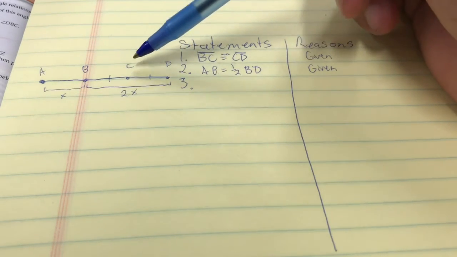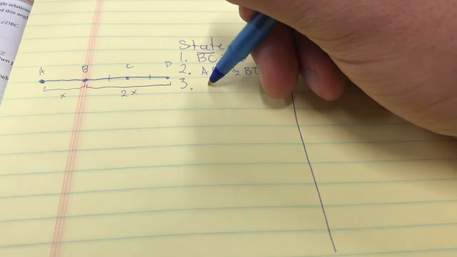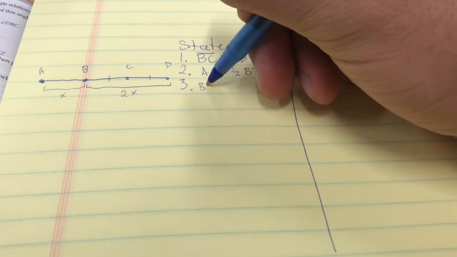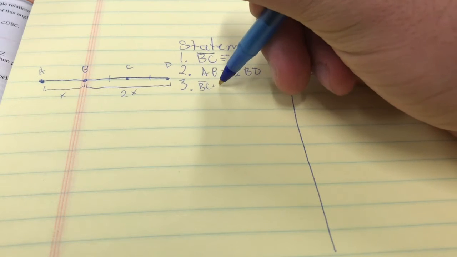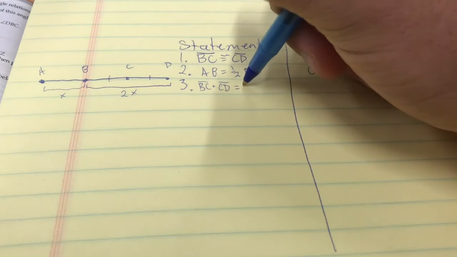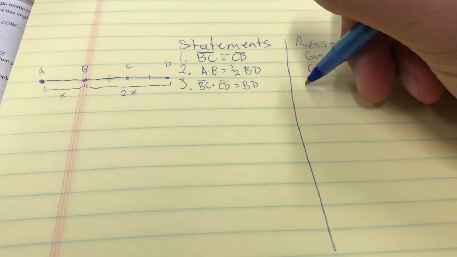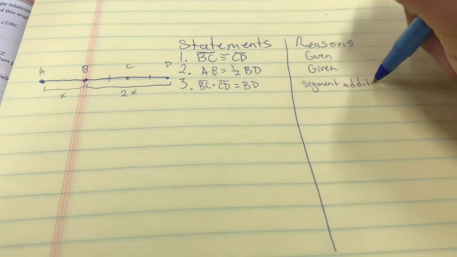And so I want to use my segment addition postulate. So BC plus CD equals BD. And I can say this because of the segment addition postulate.